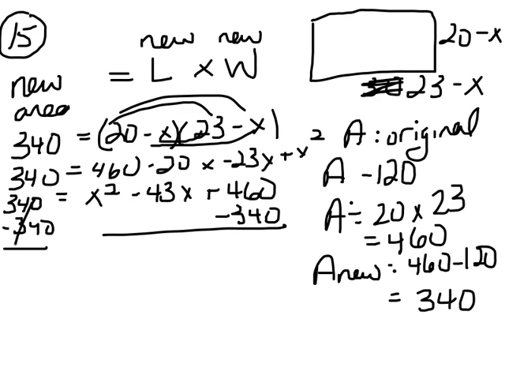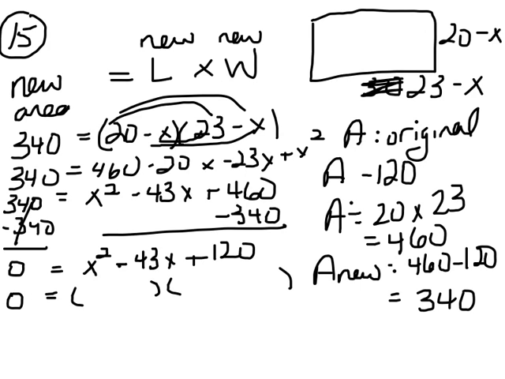Okay? So this leaves me with 0 is equal to, and remember I want that 0 on that side so I can solve by factoring, or really anytime I solve I need that 0 there. x squared minus 43x plus 120. So let's see. What can I multiply to get 120 that adds up to 43?